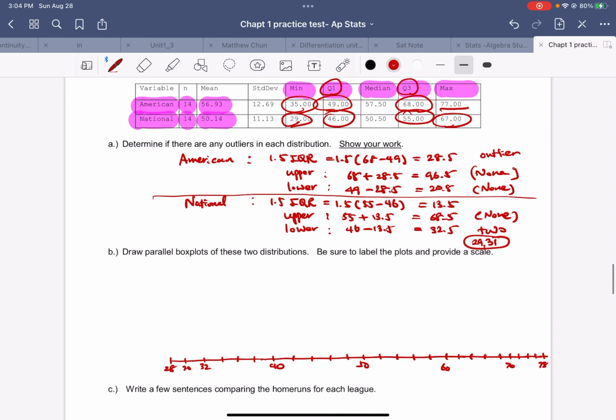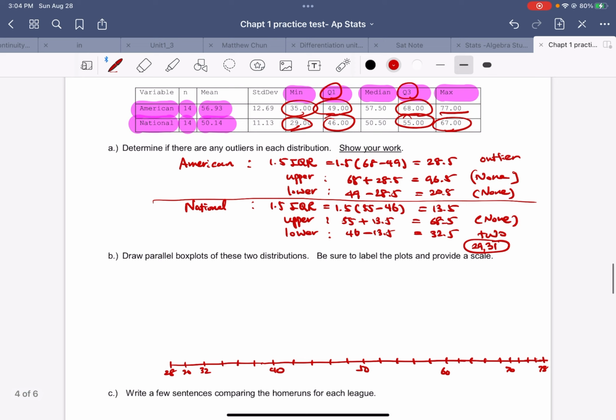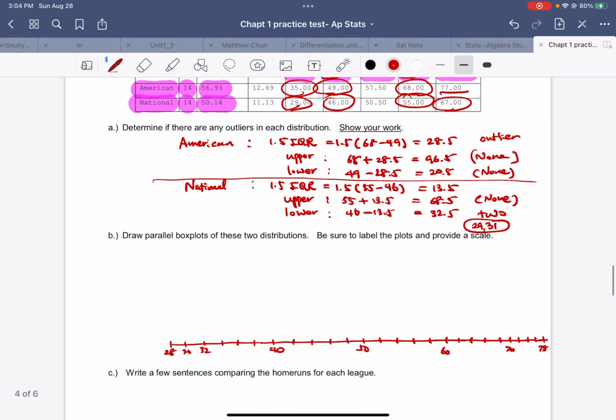When you draw, let's do the National League first. The National League has 29 and 31, so I'm going to mark 29, and here another one is 31, right? So 29 should be right in the middle. 29 and 31 here.